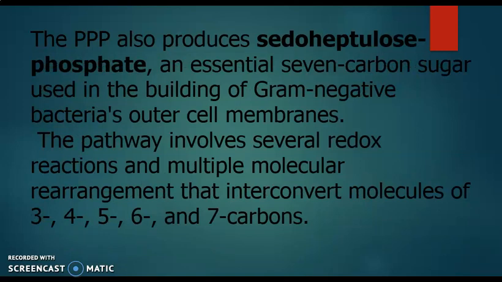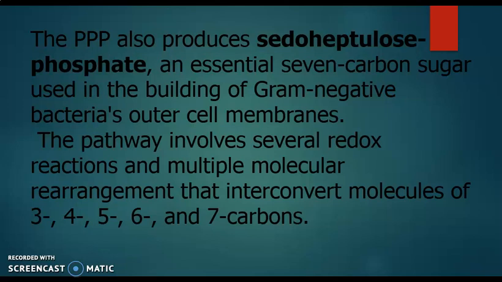This pentose phosphate pathway also produces a 7-carbon sugar. So, I have already discussed that it produces 5-carbon sugar, 4-carbon sugar, and also a 7-carbon sugar, known as sedoheptulose phosphate, which is used in the building of gram-negative bacteria's outer cell membranes.